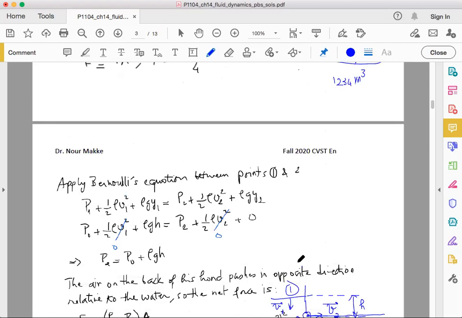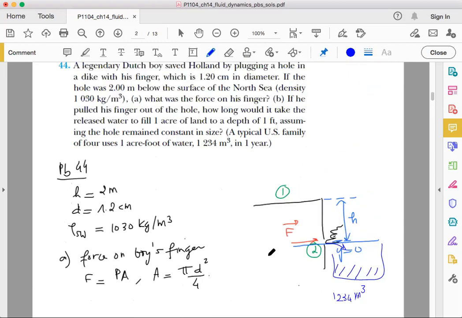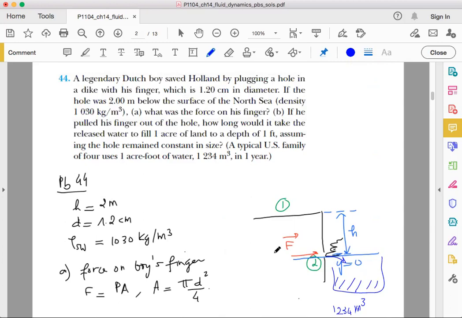So this is it for this problem. The only thing that is new in this problem with respect to the previous one is that you had to deal with forces. And it's quite easy to deal with forces in this perspective. Just think about the fluid that is making a pressure on the object.